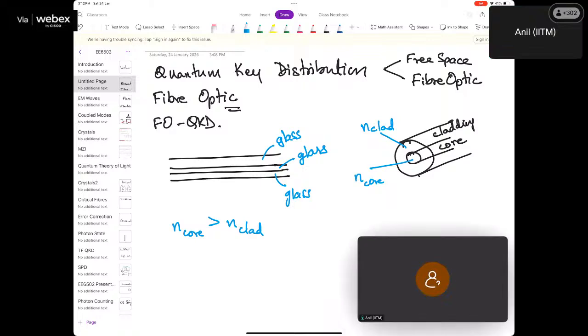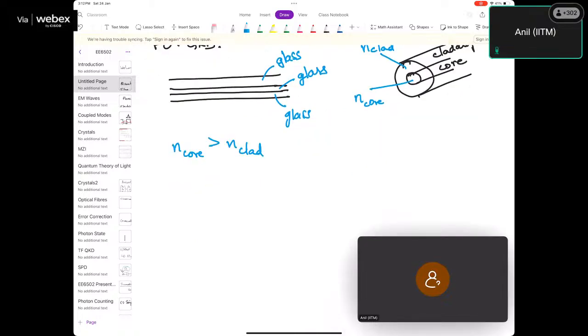What that allows you to do then is something that we learned in high school, which is called total internal reflection. So this is N2, this is N1, and you can go with a ray of light up to a certain angle, and then it will reflect back in what is called total internal reflection.